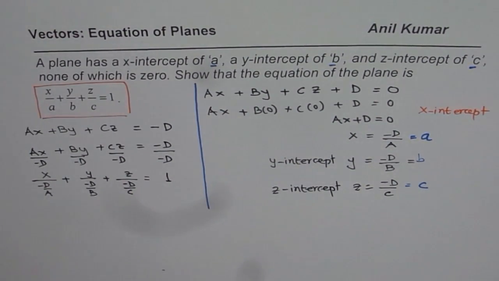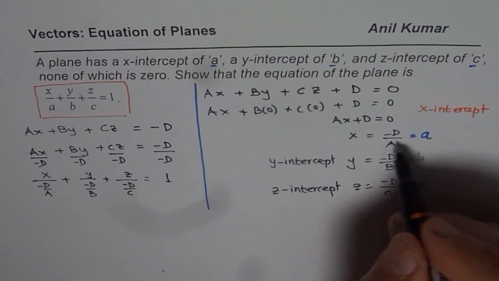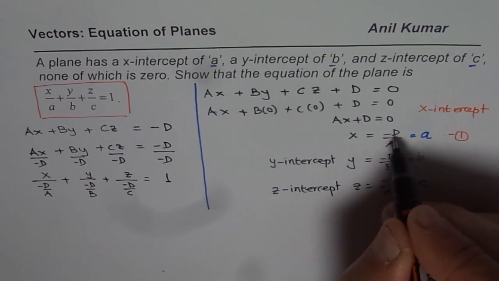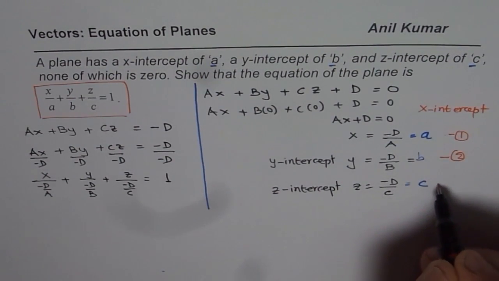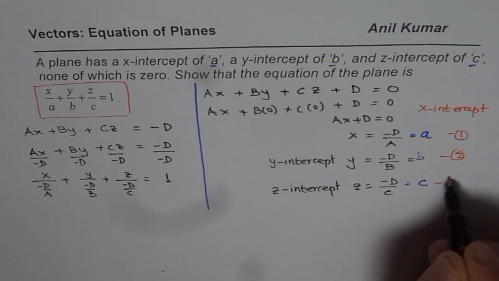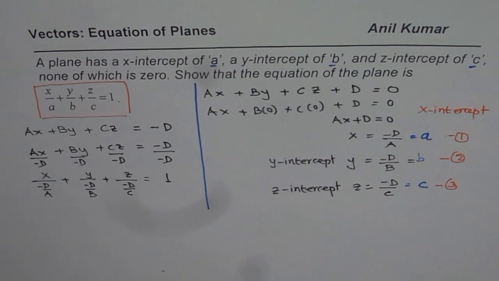Do you get it? Now what we saw here is that the actual value of the x-intercept could be written as minus d over a, the y-intercept as minus d over b, and the z-intercept as minus d over c.